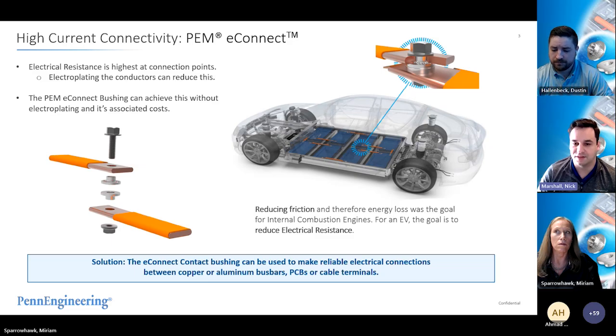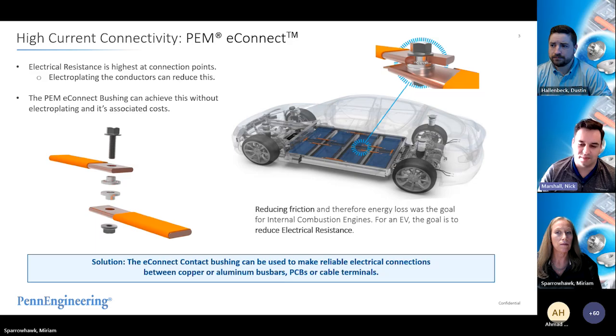The biggest change that we've seen from internal combustion engine vehicles to electric vehicles is the shift to bus bars. And in the world that PennEngineering is most focused on, the bus bar to bus bar connections have been a critical joint. So the focus that we're talking about in a lot of these EV transitions is on the bus bar connections. The main reason that we are focusing on this is because it's a serious point where losses of the electrical system can happen.